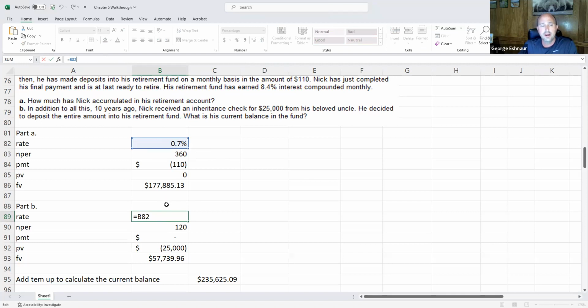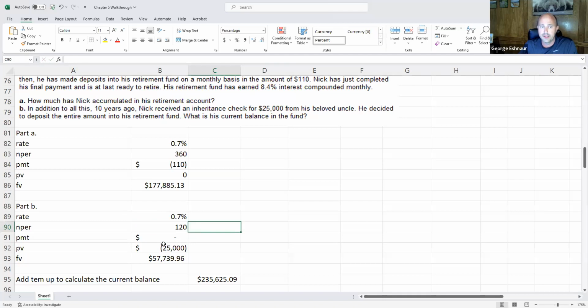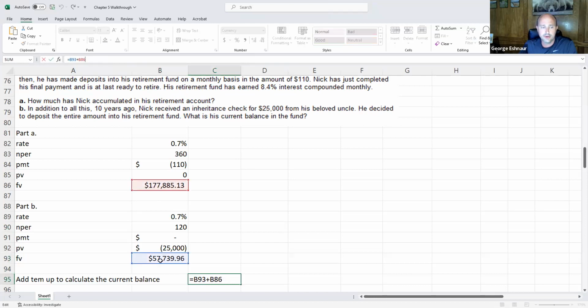So again, the rate is 8.4 divided by 12, which was up here. That's what I linked to. And then 10 years times 12 months. And so I just did the future value calculation of that. And then you add them up together to get the current balance in Nick's fund.